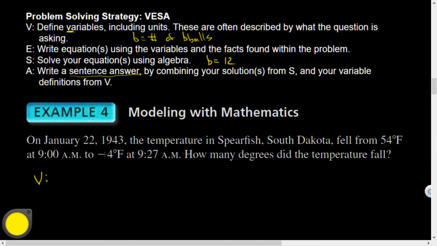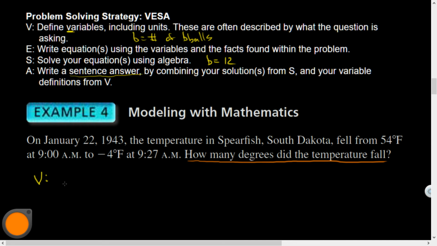It says, on January 22nd, 1943, the temperature in Spearfish, South Dakota fell from 54 degrees at 9 a.m. to negative 4 degrees Fahrenheit at 9:27 a.m. How many degrees did the temperature fall? Now notice, when I write my variable, it's literally going to be related to the question they're asking. How many degrees did the temperature fall?